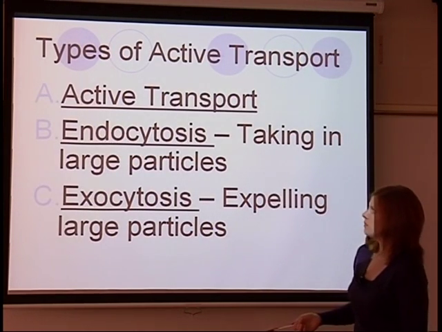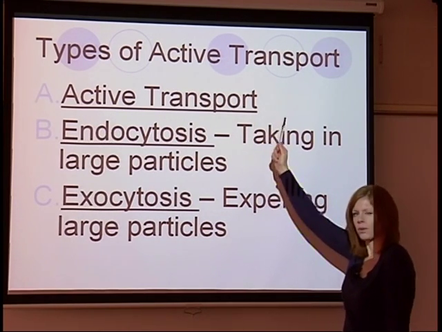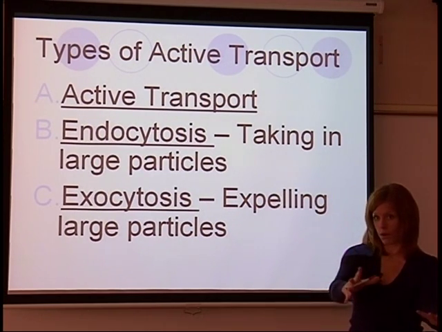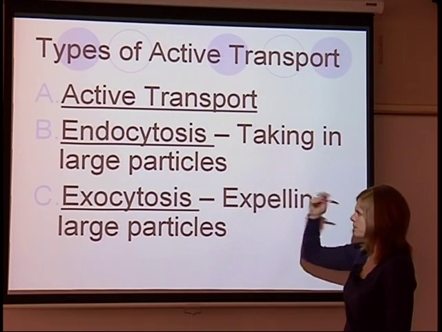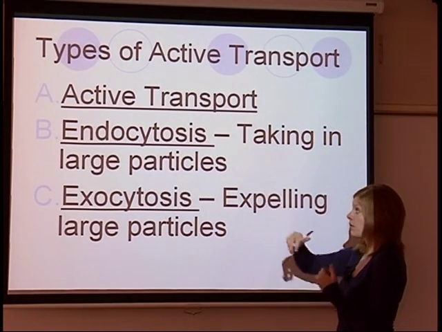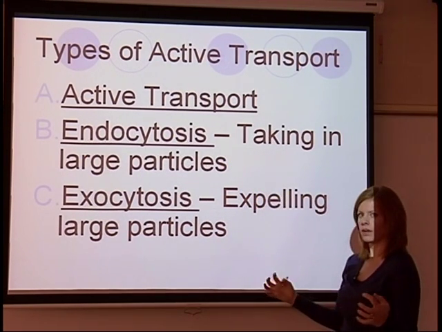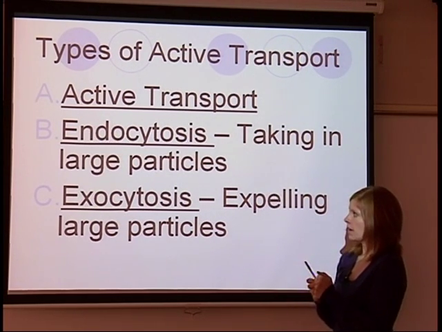Here are our different types of active transport. This is really just active transport where the molecules will move from where there's less to where there's more. These two are also active, but they're a little different. This might involve one-celled organisms. Endocytosis is a way of engulfing or taking in one large particle, which also requires energy.